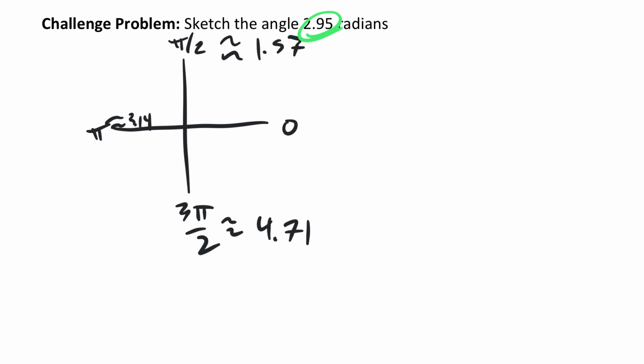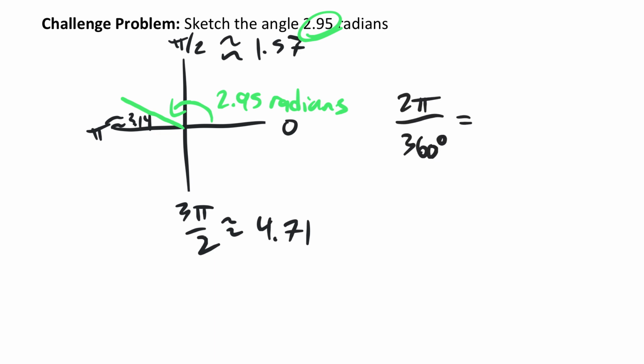So the number 2.95 is really close to 3.14. So I would expect it to be somewhere like there. This would be 2.95 radians. And like I said, we could convert it to degrees just to check. We could put the 2 pi radians on the top and the 360 degrees on the bottom. 2.95 radians on the top and x degrees on the bottom.